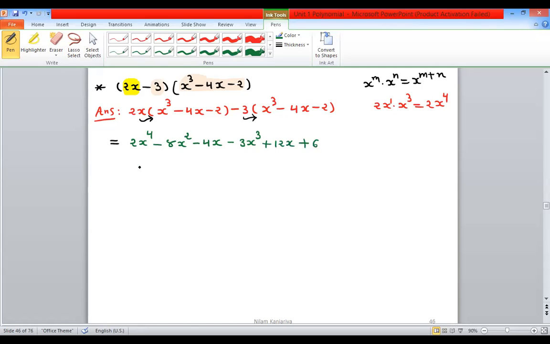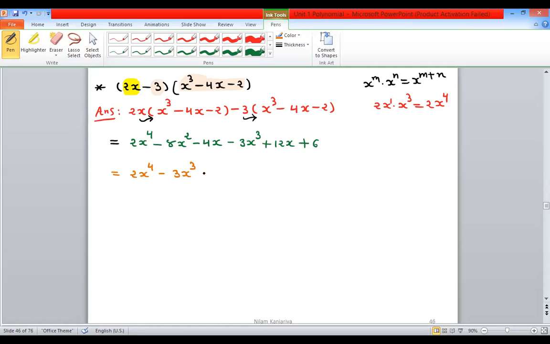Good. Now add the like terms and subtract. So x raised to 4, no other term remaining, as it is. Moving on to the next power, it is x cube. We can't find another x cube term, so it remains as it is.